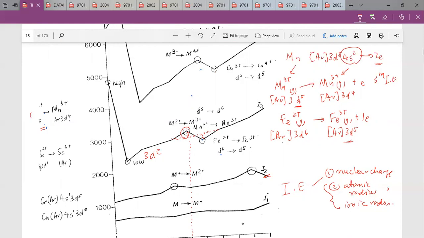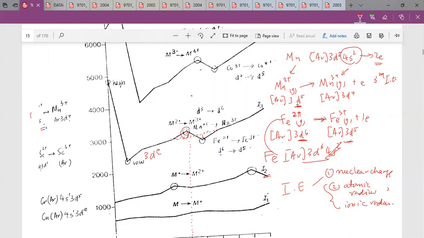Fe2+ going to Fe3+: Fe2+ is 3d6, because iron is Ar 3d6 4s2. So Fe2+ is 3d6 going to 3d5, the extra stability. It means it's easier to remove, so it requires less energy. So whenever you see a disturbance in IE, kinking up or kinking down, it is because of the 3d5 or 3d10.